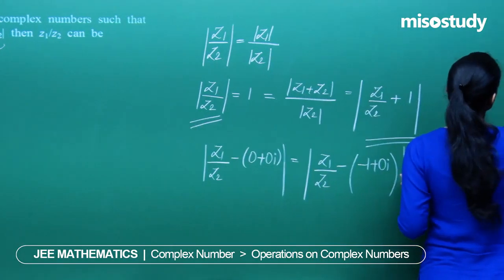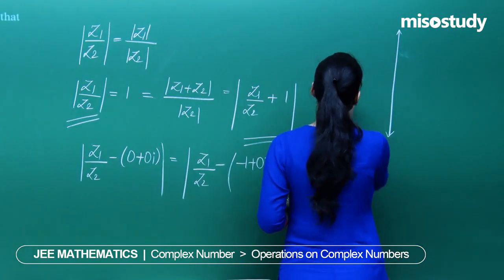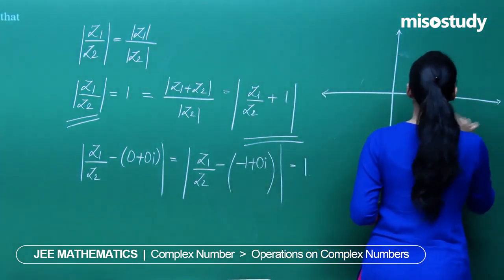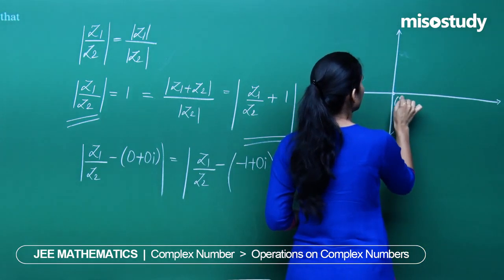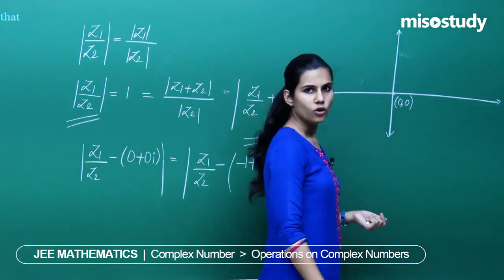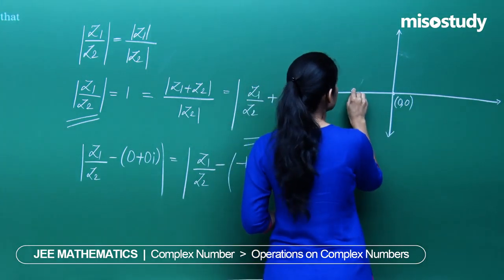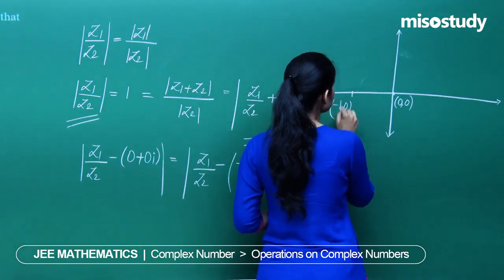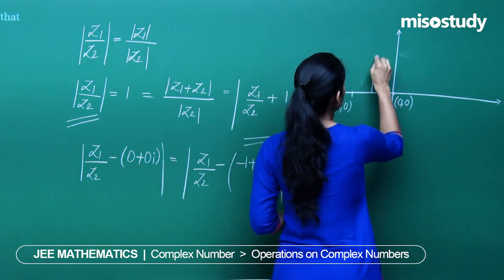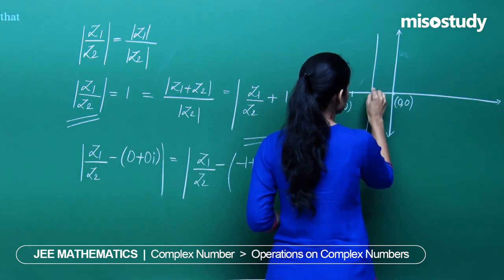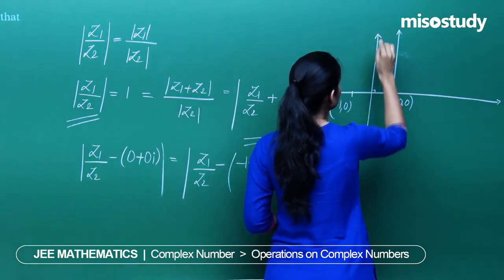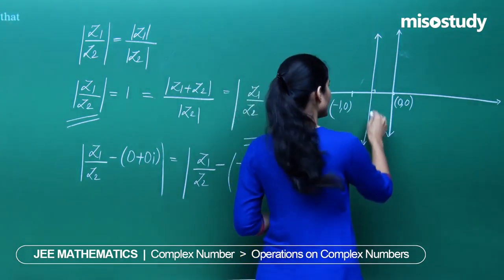So if that is the situation, it's pretty simple to understand. This is 0 plus 0 iota or the 0 comma 0 ordered pair. This is say minus 1 plus 0 iota, then the perpendicular bisector is this. What is this point?